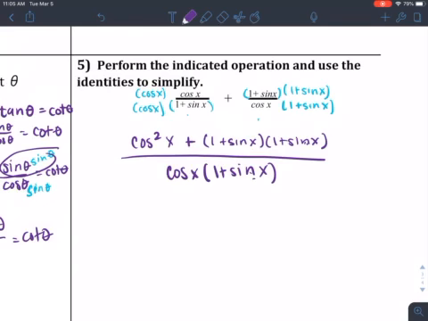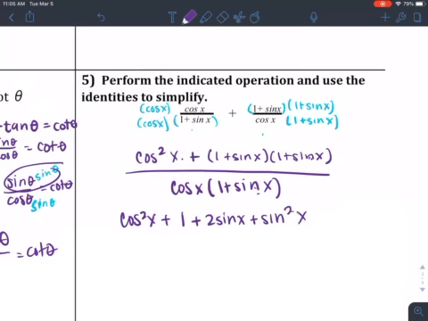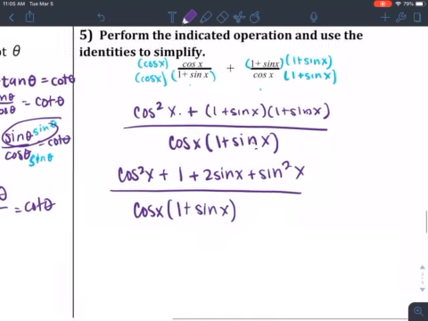No, because I don't have a 1 plus sine x to cancel from the first term on the top. So I'm going to go ahead and multiply out this binomial. So I get cosine squared x plus 1 plus 2 sine of x plus sine squared x all over cosine x times 1 plus sine x.